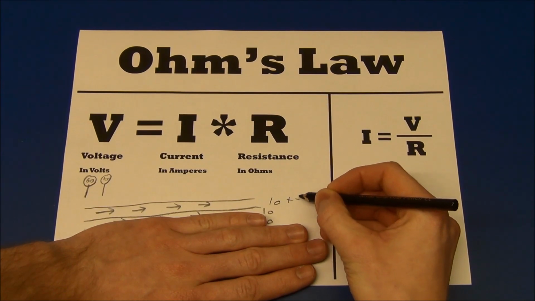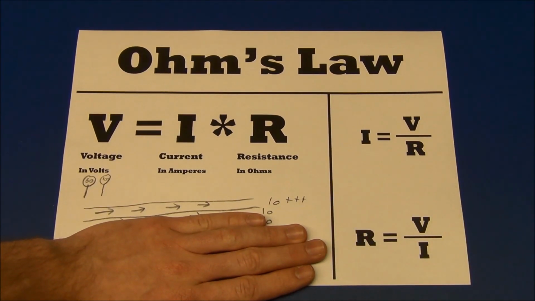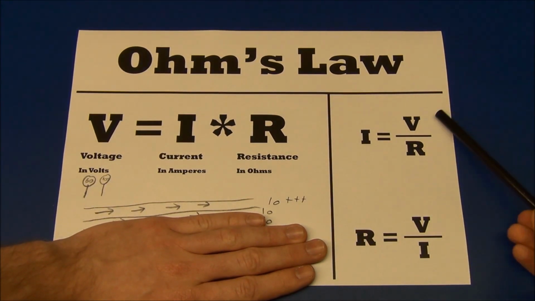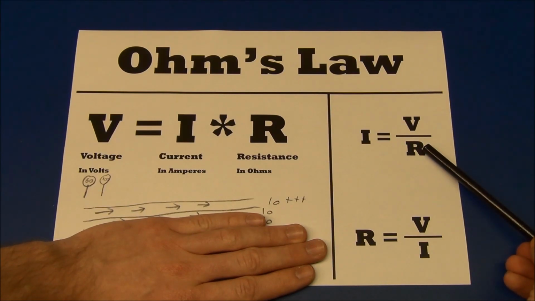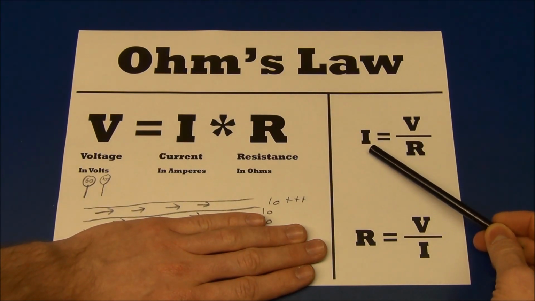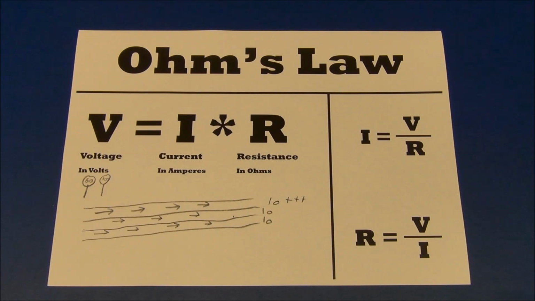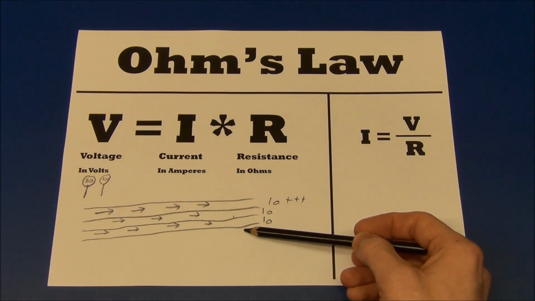Then we could get more cars to pass through. So by increasing the voltage and keeping the resistance the same, the current will also increase. But we can also say that if we want to drive, say, 60 miles per hour, and we want to get 40 cars to pass through, then we must have 4 lanes.